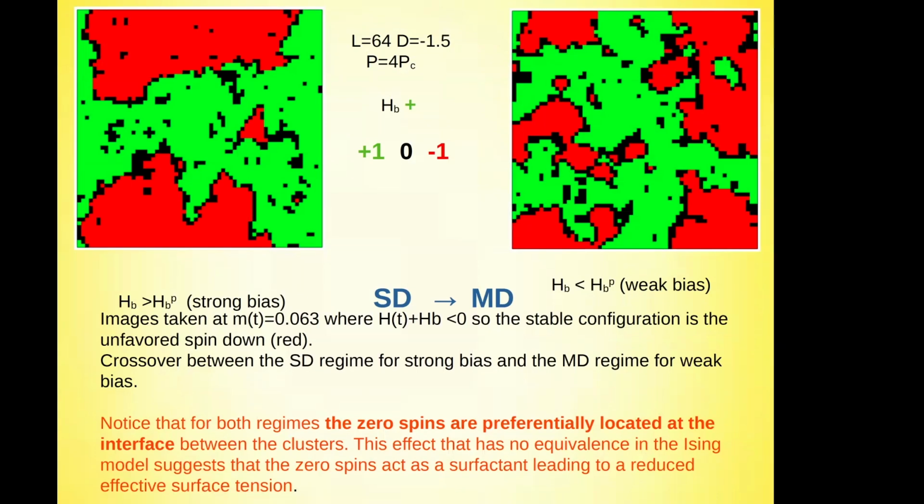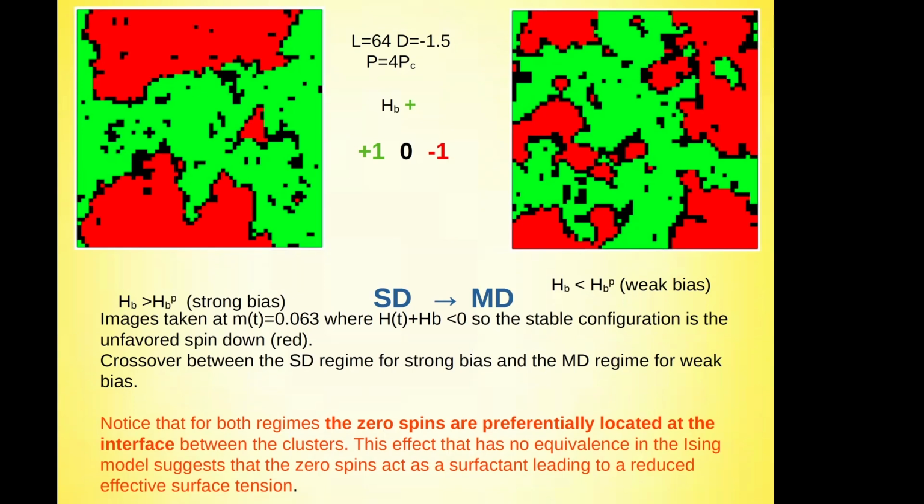Remember that we have periodic boundary conditions. So basically we have one big single droplet of the stable phase, that means the negative one, growing.